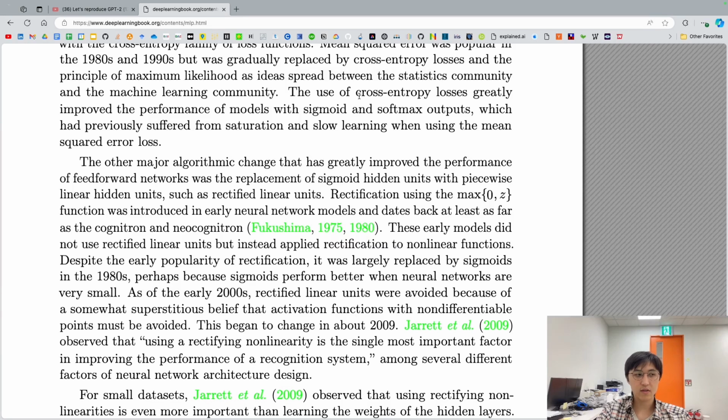In 2006, scientists figured out that rectified linear units are indeed one of the good factors for improving the performance of models. From that time, rectified linear units regained popularity, and they became one of the important and popular activation functions in deep learning.